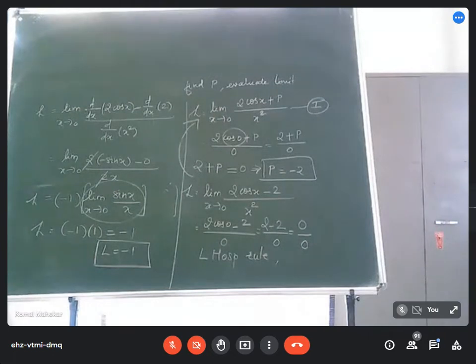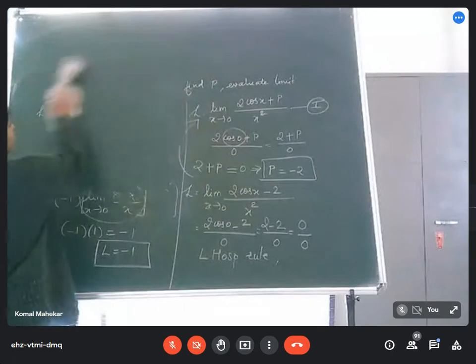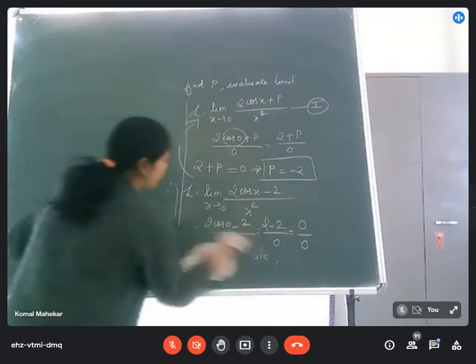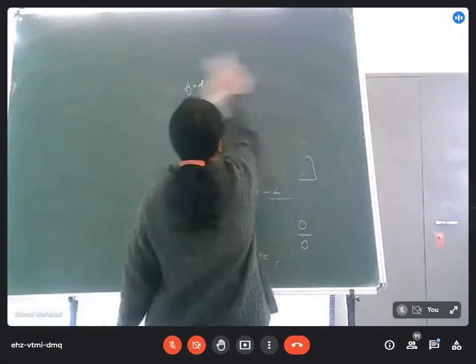To find the values of two constants a and b.